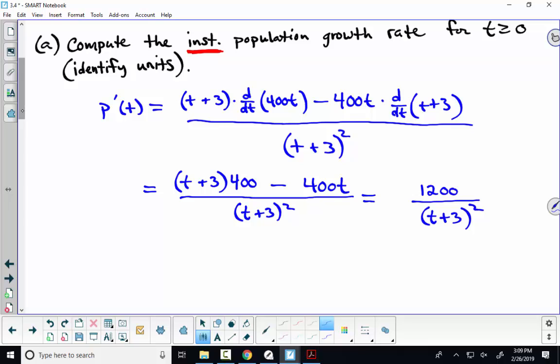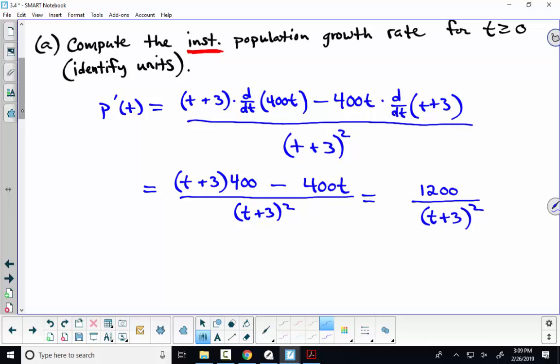How would you know when to expand the bottom? When would you want it to cancel? When you would expand the denominator in the quotient rule, if there was a factor of t plus 3 up top that you could cancel. Remember, since these are separated by subtraction, you can't just cancel that t plus 3 right there.